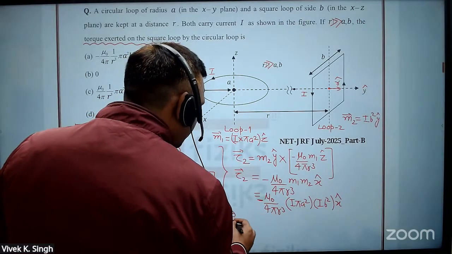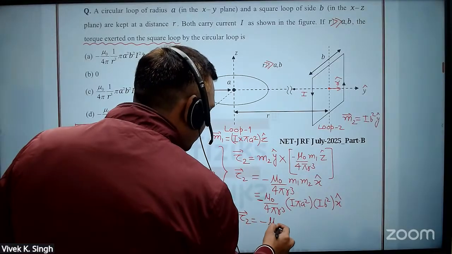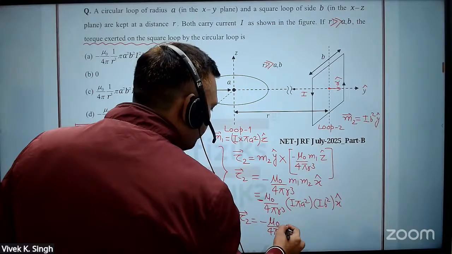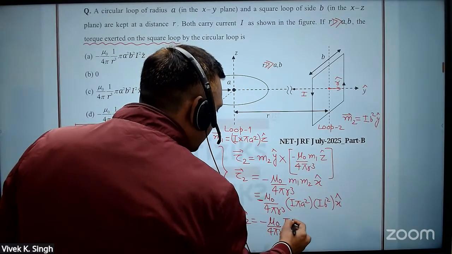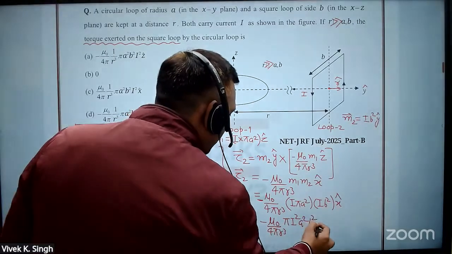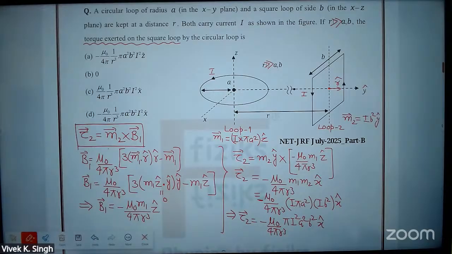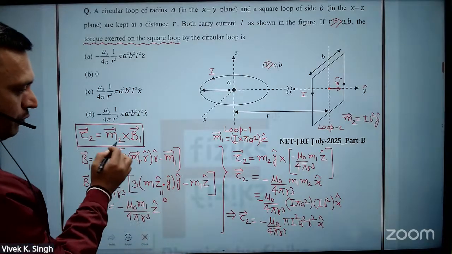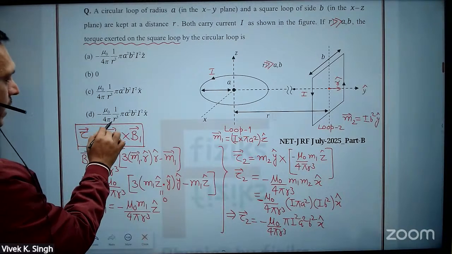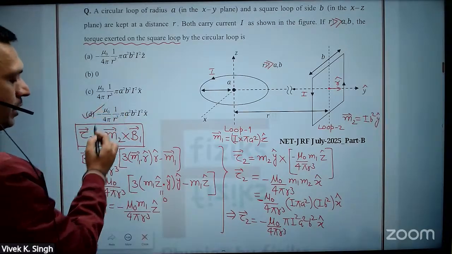So finally, torque is given by minus mu naught by 4 pi r cube, you will get pi I square a square b square x cap. Is it clear? So if you see which one is correct, I think D, minus mu naught by 4 pi r cube pi a square b square x cap. So option D is correct.